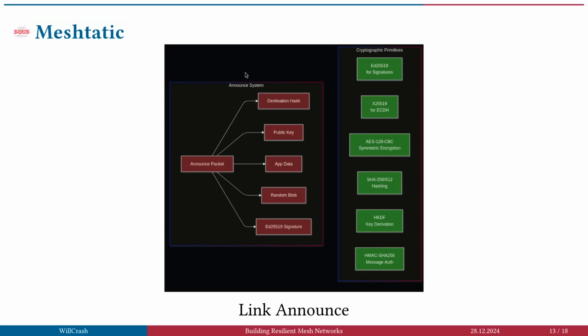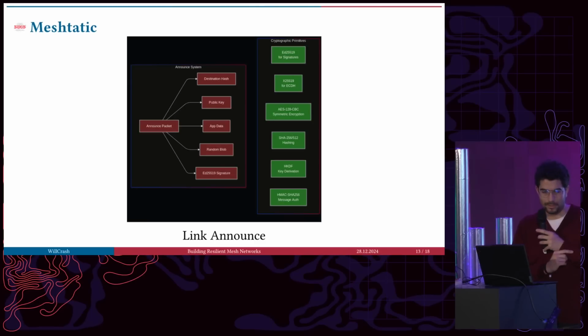So, what happened here is there's an announce packet which you're constantly sending into the network. I'm sorry, this was going to be a dark mode presentation, but due to time constraints, it's not. So sorry about that slide. But in the end, your packet contains a destination, your public key to send the message back, the app data, a random block of information, and a signature.